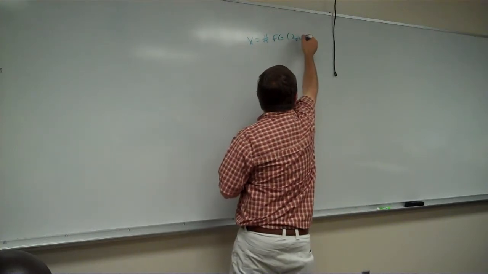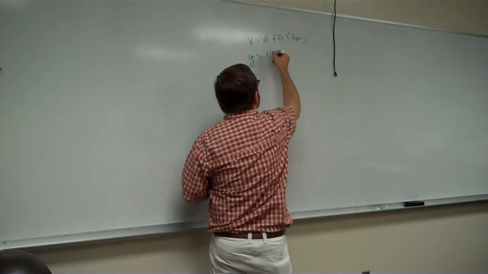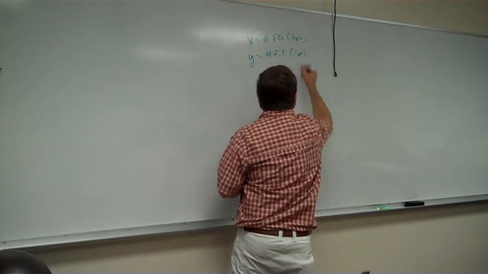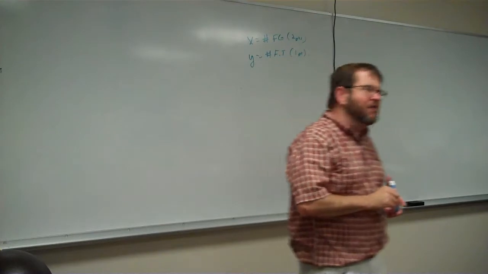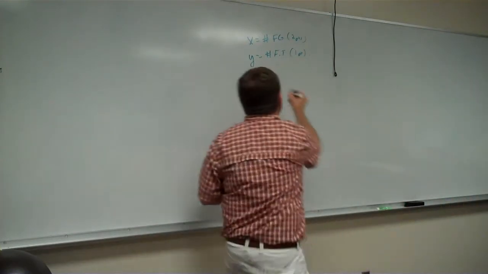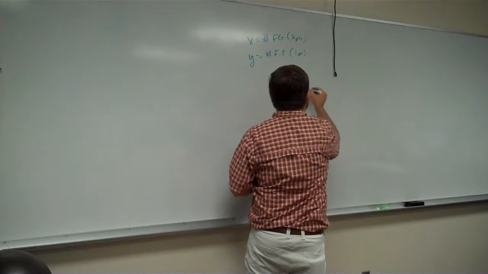All right, let's say X is the number of field goals, which is the right word, 2-point shots. And Y is the number of free throws, 1-point shots. Because that's what the problem is trying to solve for. How many of these should he get? We know he needs a total of 64 shots, right? In other words, X plus Y is 64.